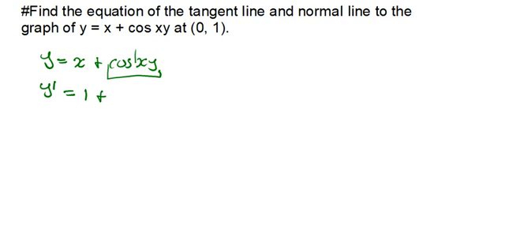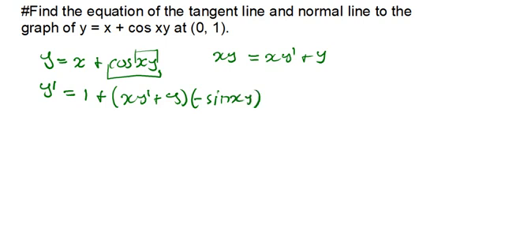Differentiating xy is just basically the product rule: you're going to have x y prime plus y. Then the derivative of cos xy is basically minus sine xy. So you're going to have open bracket x y prime plus y, then multiplied by minus sine xy, like that.